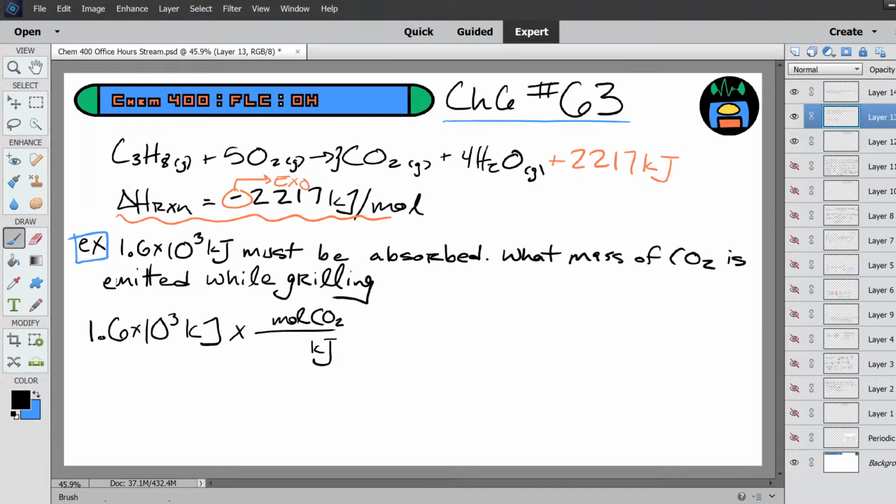Now, the ratio is for every 3 moles of carbon dioxide produced, 2,217 kilojoules of energy are also produced. So that is our energy to mole ratio. Kilojoules of energy cancel. We're left with moles of CO2.